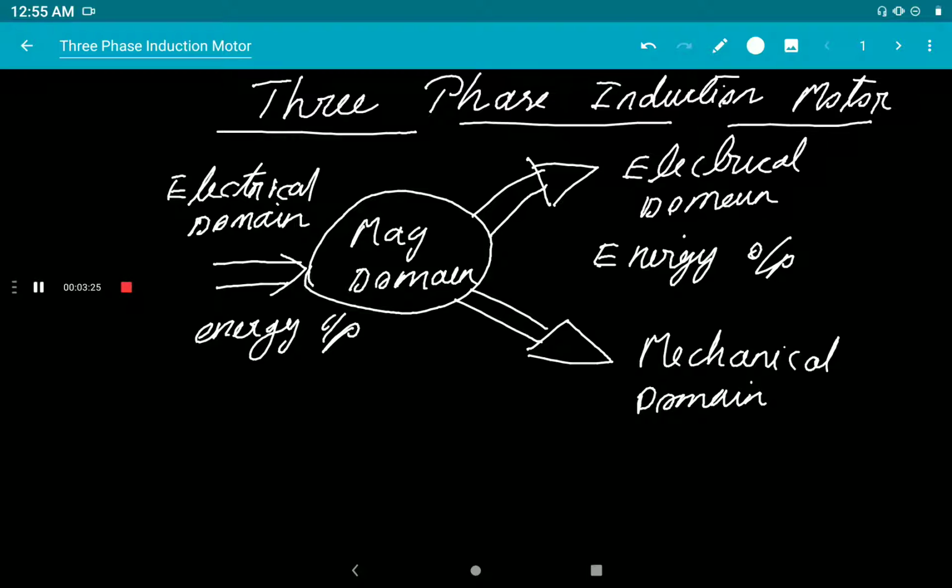For pumping water into the tank we use induction motors, and motors used for cranes are induction motors, and the motors used for fans and blowers are induction motors. So we are using these induction motors very widely in industries and for domestic purposes.